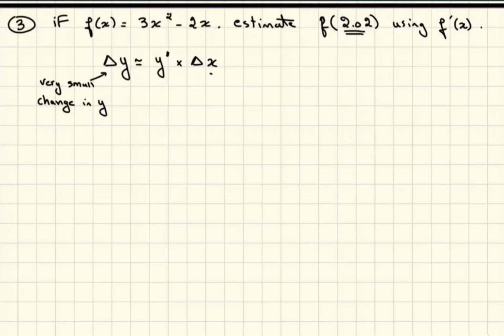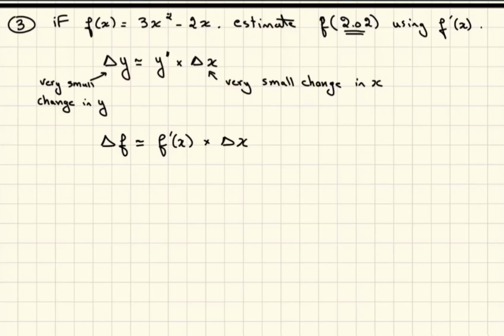Y prime is the derivative, delta x is very small change in x. Now, knowing this rule, instead of y and x, you can replace whatever you want. Like if you want to call the function f, so you say delta f is approximately equal to f prime of x times delta x.